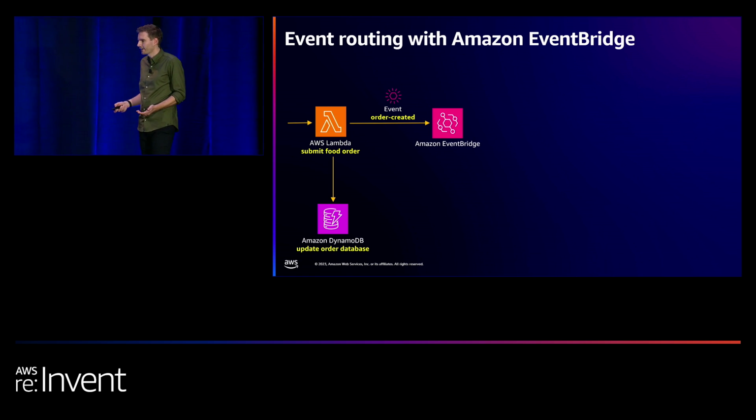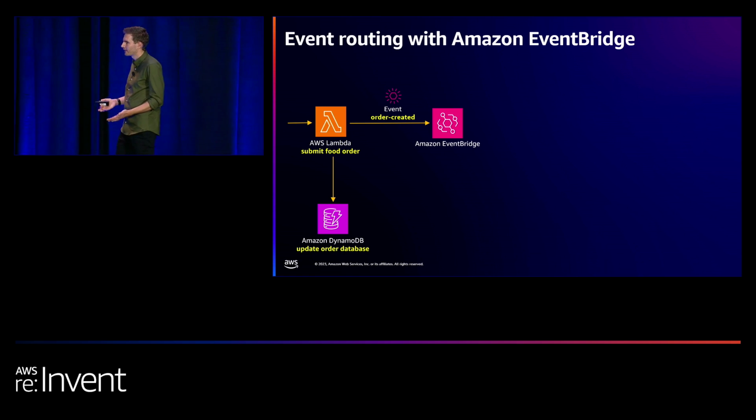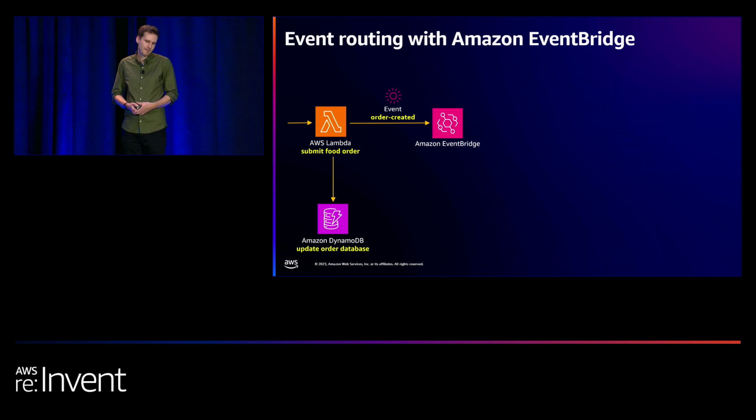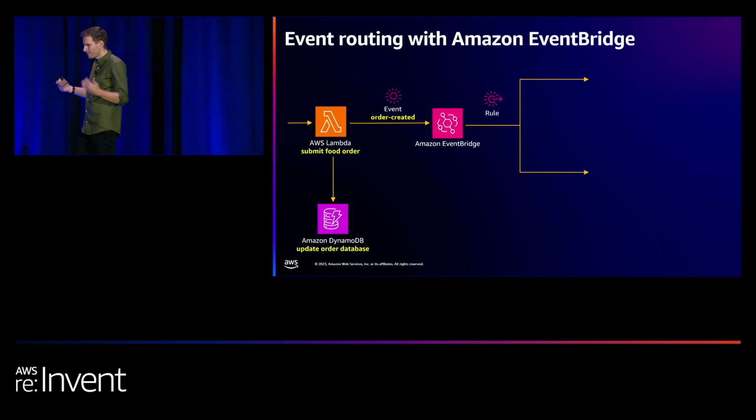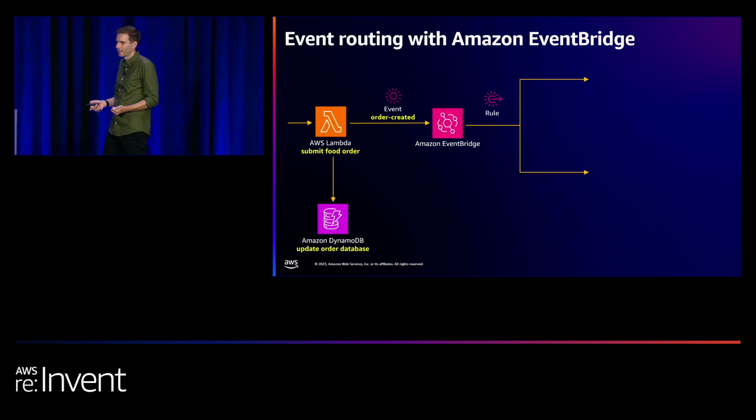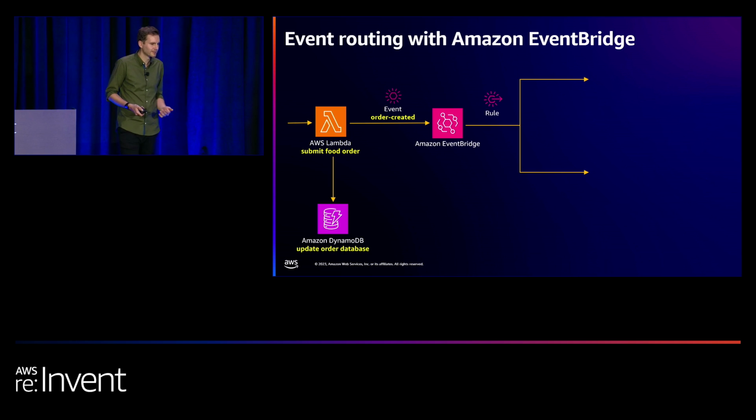EventBridge has inside it the ability to create custom event buses. This is where you can send in your events. And then you create a series of rules. These rules are essentially a pattern match on the event to say, I'm interested in these types of events, and I want to perform some action.